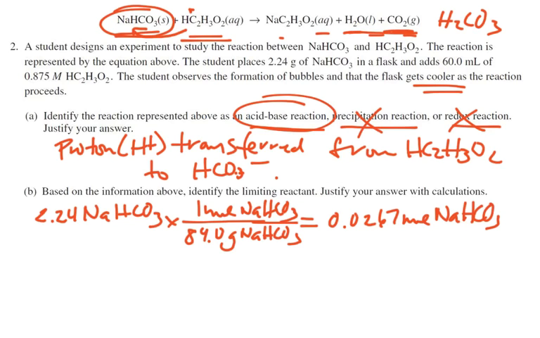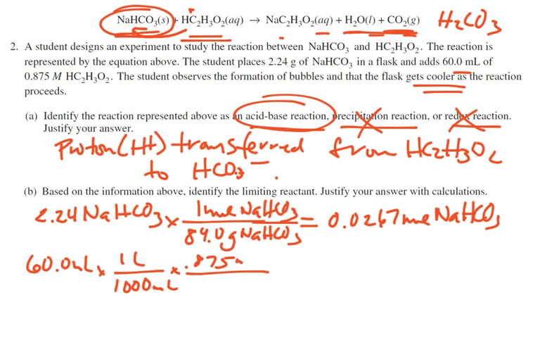Okay, next one here would be, what do I have? 60 milliliters of our acetic acid solution. Okay, I know that there are 1,000 milliliters in 1 liter. And I have my molarity, which is 0.875 moles of HC2H3O2 per 1 liter of solution.